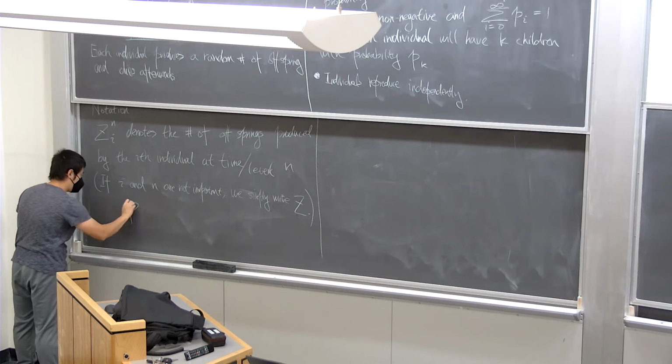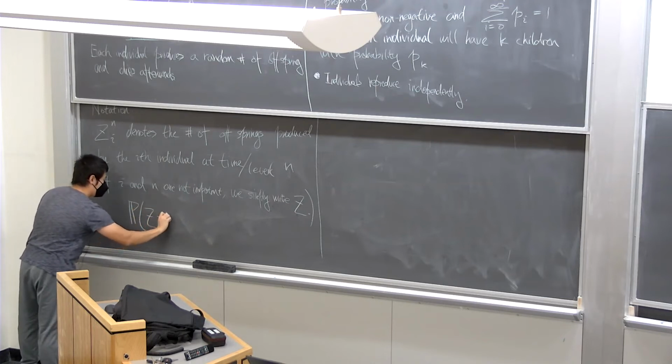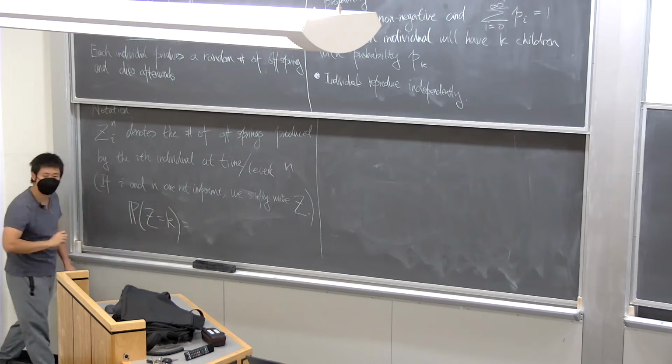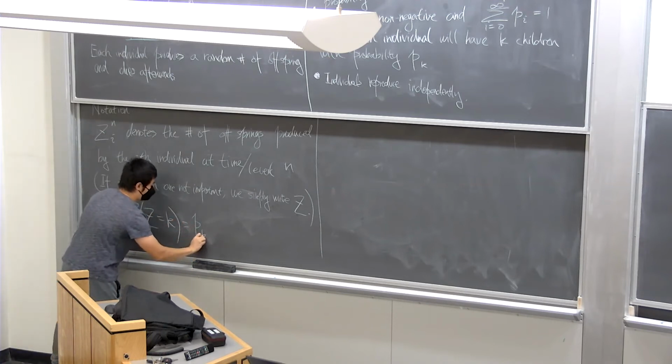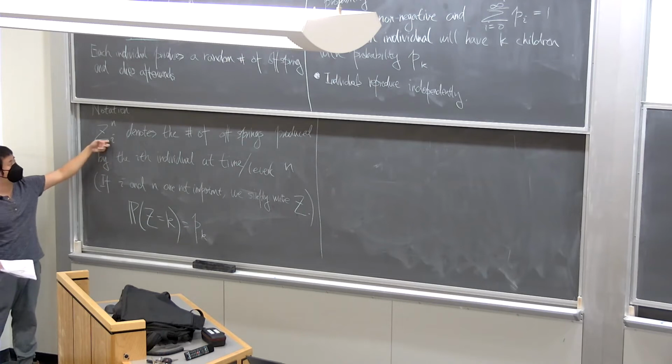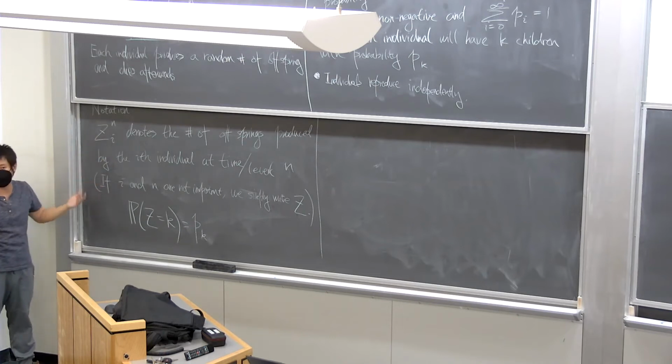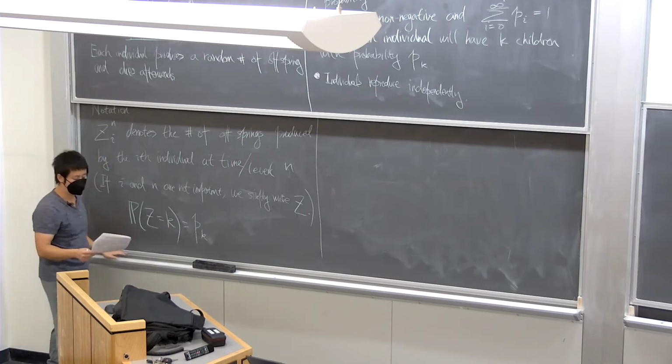For example, we know that the probability that Z equals k is pk. That's one example where we use the simplified notation. Of course, in this case i and n are not important; they're all IID.